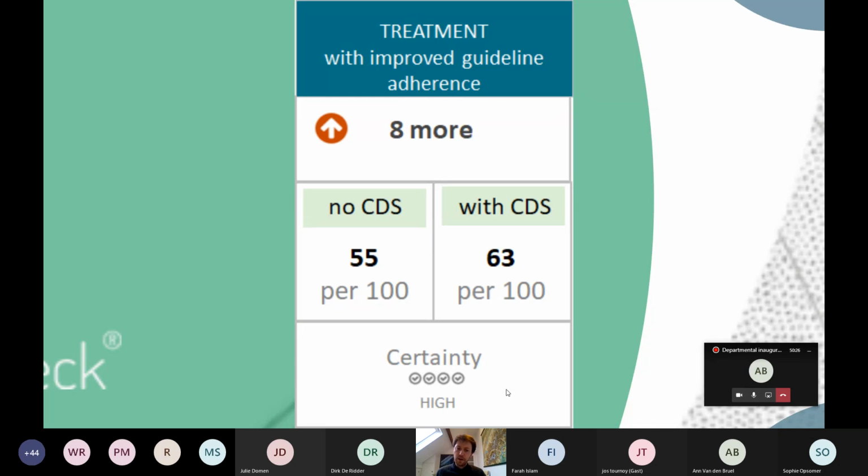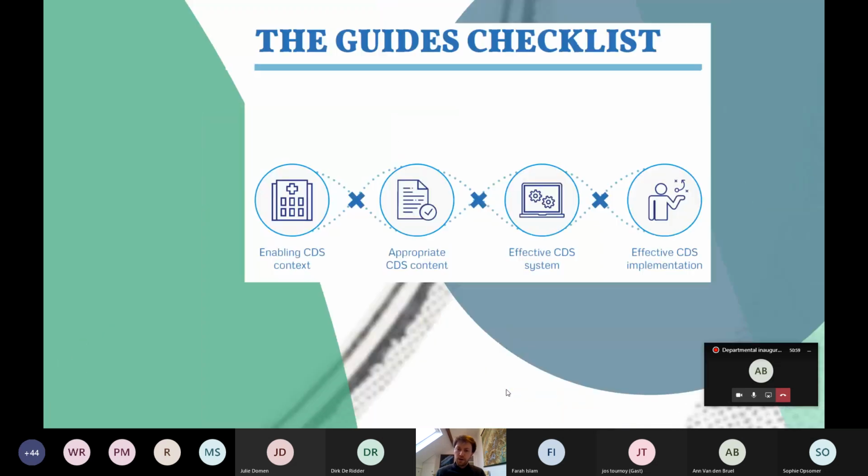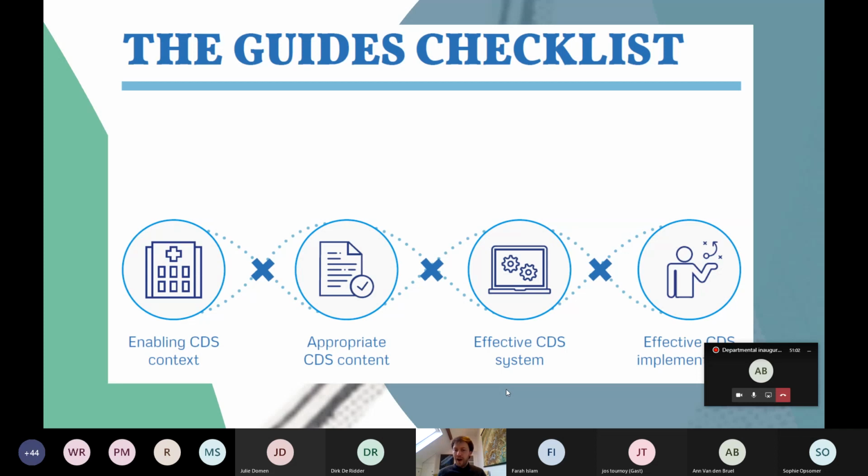If we assume that in about half of the situations, clinicians follow the most appropriate line of clinical reasoning, then we see that the clinical decision support systems will increase this by maybe about 10%. But certainly not that high, and we're quite certain of this influence because there's a large history of trials and studies in clinical decision support systems.